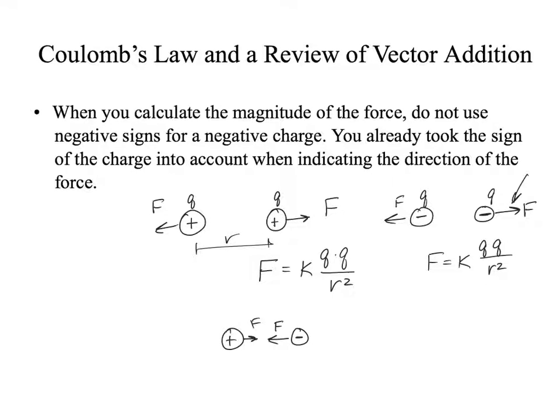And that's something that sometimes we forget when we're doing a calculation, is that if we're adding the total force acting on a charge, we draw the arrow to represent the direction of the force using the sign of the two charges that we're looking at. And so once I've done that and drawn the direction of that vector, I don't need to use the sign of the charge again. Now I just need to know how big is that force. So I only will use the magnitude of the charge.